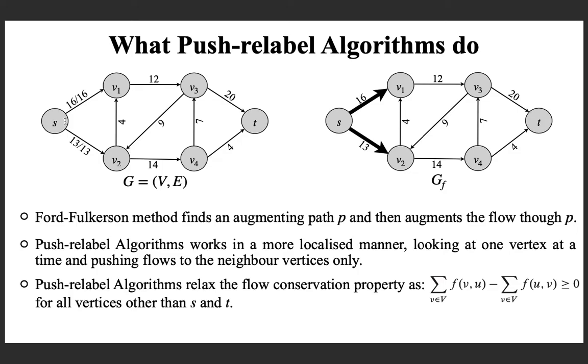And now this enables you to send a flow of value 16 to V1 and 13 to V2 from S, and note that now the total incoming flow here is 16 and here it is 13, which is not forwarded to any other vertices, and which is allowed by this relaxed conservation property. I think now you are getting why such a relaxation is required. To work locally, that is required.